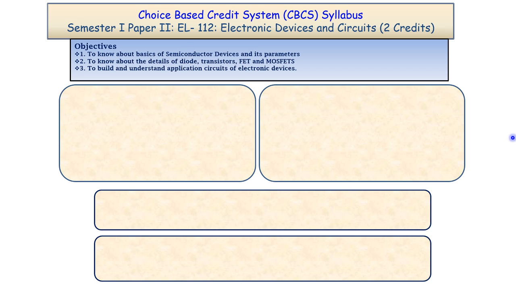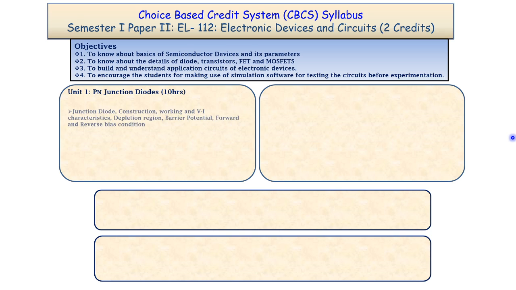To build and understand application circuits of electronic devices. To encourage students to make use of simulation software for testing the circuits before experimentation. The syllabus consists of 3 units.